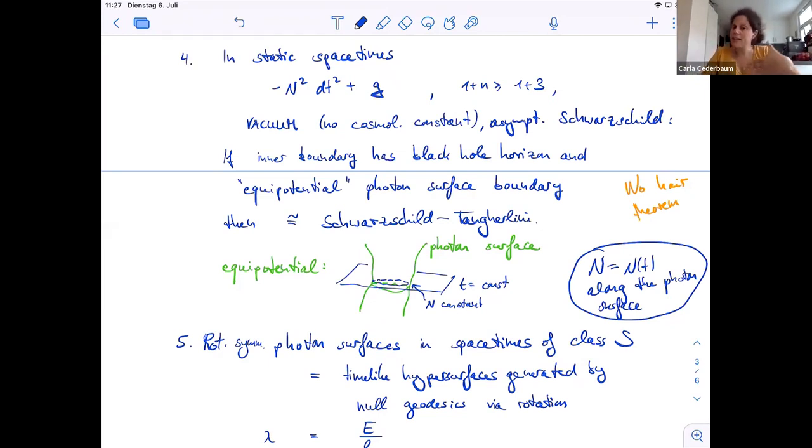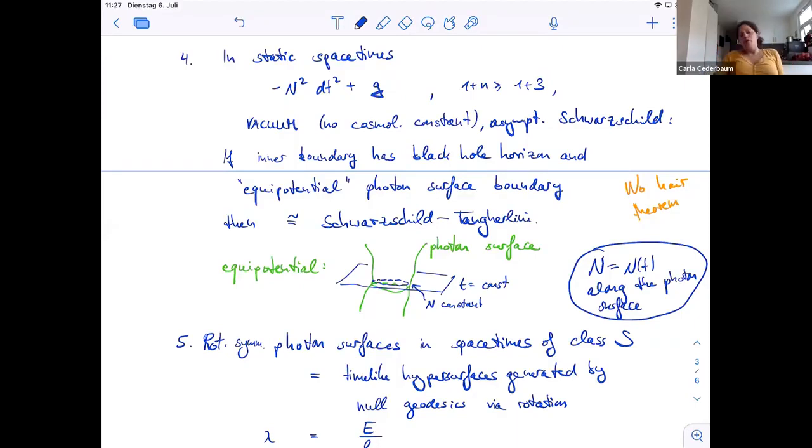So in my Schwarzschild-Tangherlini examples, it's satisfied exactly by the rotationally symmetric photon surfaces that I want to find in this case as inner boundary components. Okay? And I'm ruling out in Schwarzschild-Tangherlini these partial hyperplanes, which are also not boundary components in that case, but I'm ruling out this phenomenon.